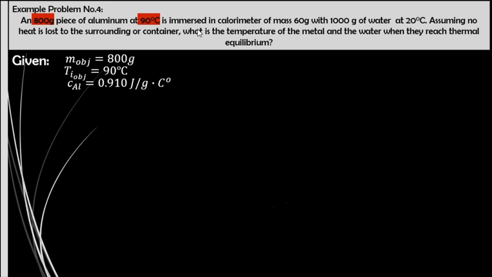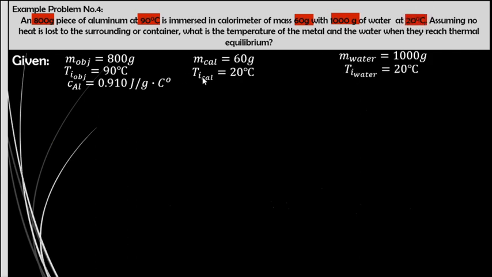This object is immersed in our calorimeter, and the calorimeter has a mass of 60 grams. The calorimeter has water in it with a mass of 1000 grams. Both the calorimeter and water have the temperature of 20 degrees Celsius.